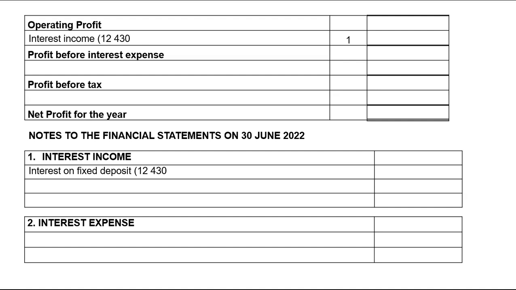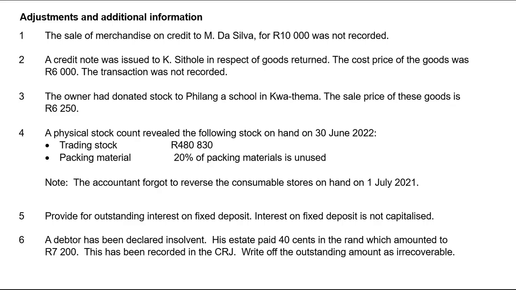Now I can start with the adjustments, starting with the first adjustment. Now, the first adjustment says that the sale of merchandise on credit.